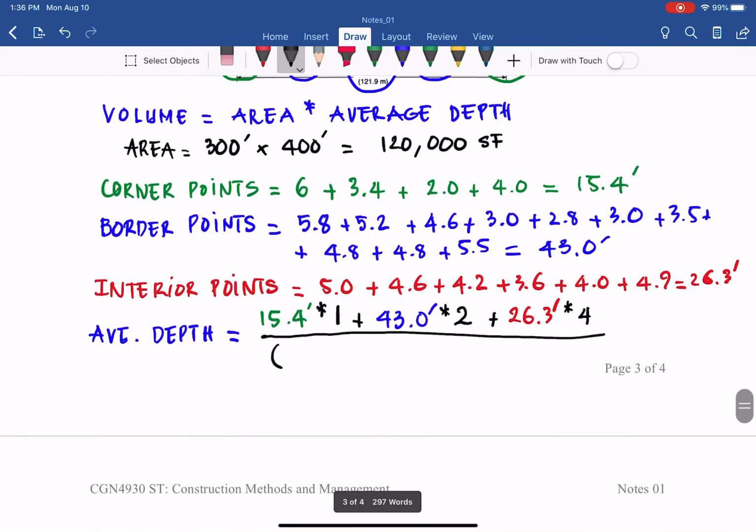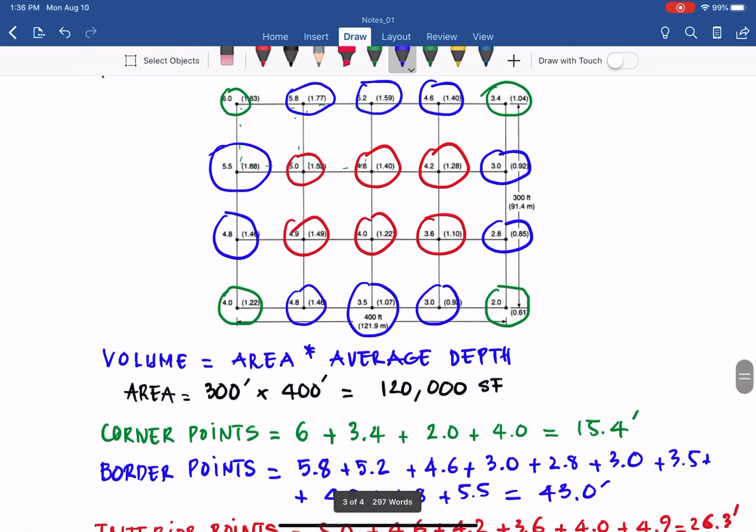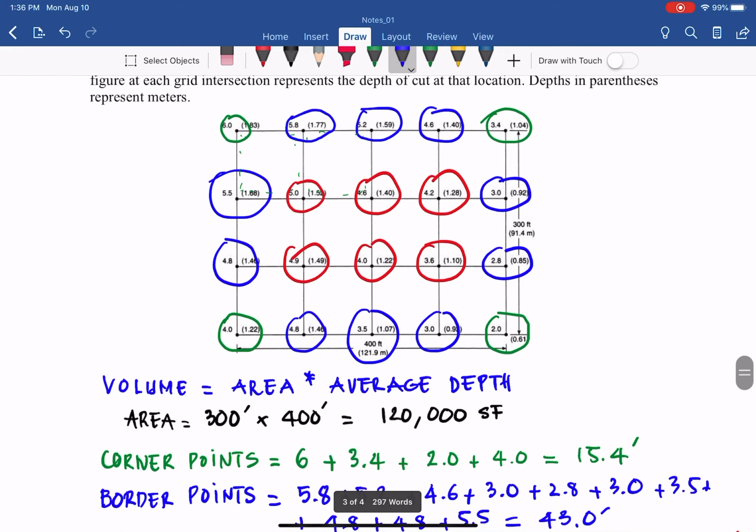So 4 corner points times the weighting of 1, plus how many border points? 10.